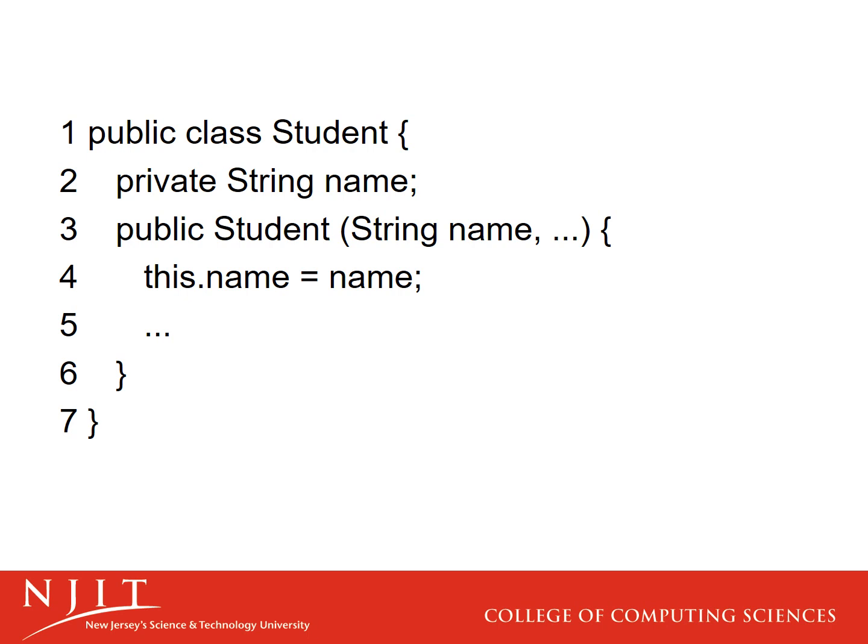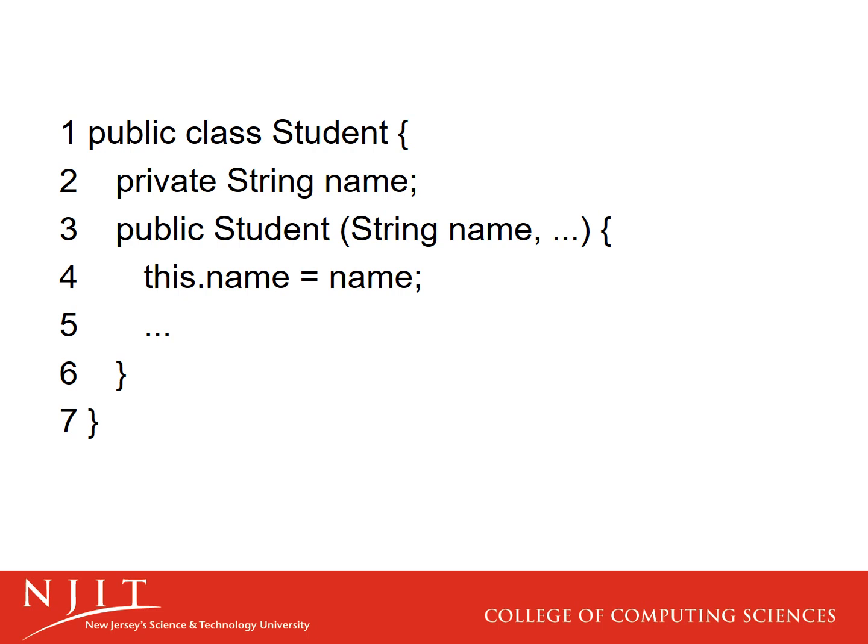Take a look at this example here. This is a class definition, which we say is a scope. Declared inside this scope, you can see I've got a variable called name, which is a string. Then I have a method, which is a constructor, from lines 3 to 6. That method is a function.